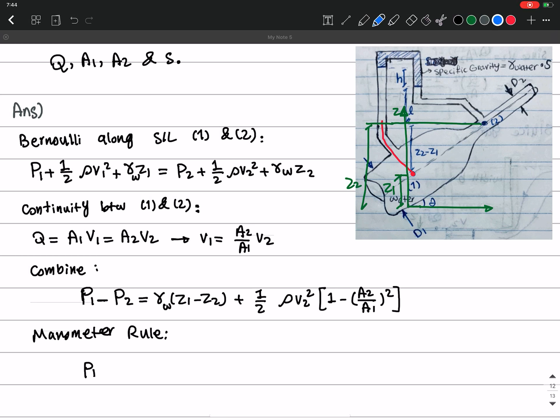How much I've gone from here to here, let me show it with another color. From here to here, this much is going to be Z2 minus Z1, right? So effectively, I have gone Z2 minus Z1 to a lesser depth in the fluid.